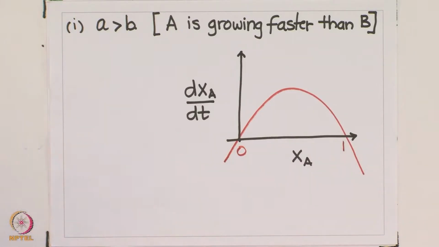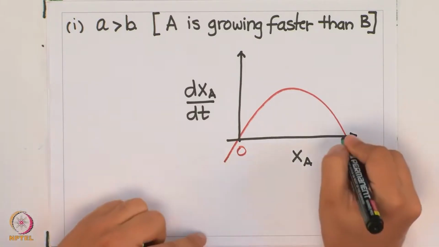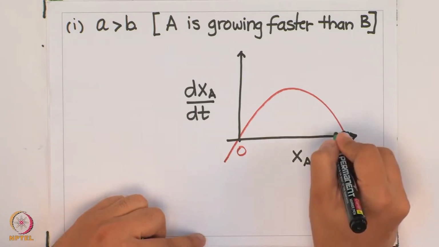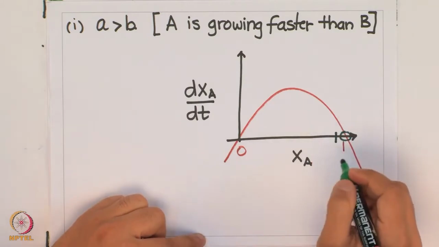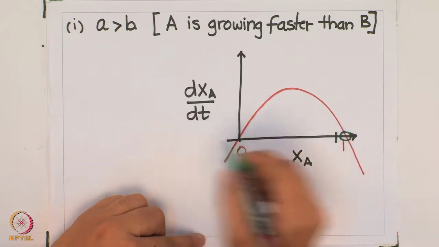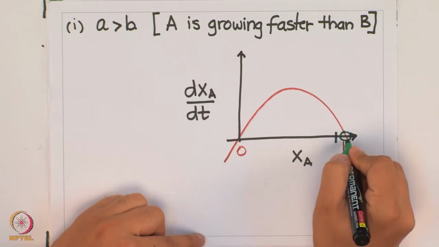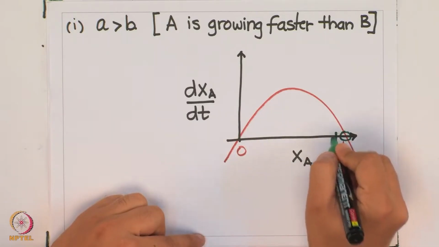So, again, just as we had done last time, let us look at xa equal to 1. Now, if I disturb the system to the left, I bring it slightly here. What I want to check is the sign of dxa by dt when xa is not at the steady state value, but slightly to the left of it.